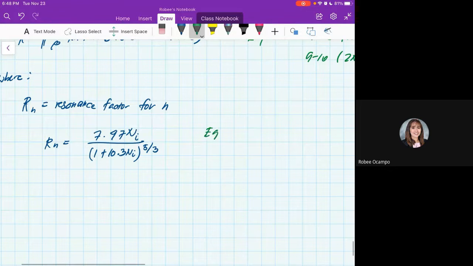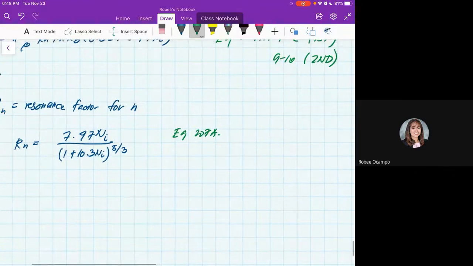this is from equation 207A.9-13 of the first printing and 9-17 of the second printing. Okay?